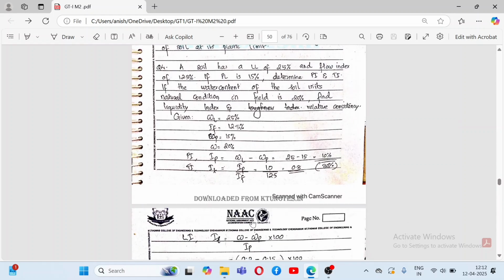A soil has a liquid limit of 25% and flow index of 12.5%. Okay, if plastic limit is 15%, determine plasticity index and liquidity index if the water content of the soil in its natural condition in the field is 20%.